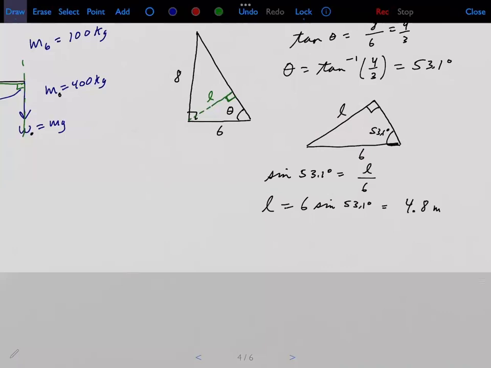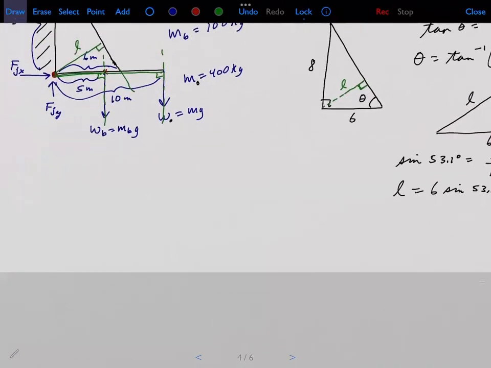Okay, so now that I have this, I can sum all my torques, right? So I'm going to sum all my torques, set them equal to 0. So I have a torque due to the tension. I have a torque due to the weight of the beam, plus a torque due to the weight of the object, plus a torque due to the joint force. That's going to equal 0.